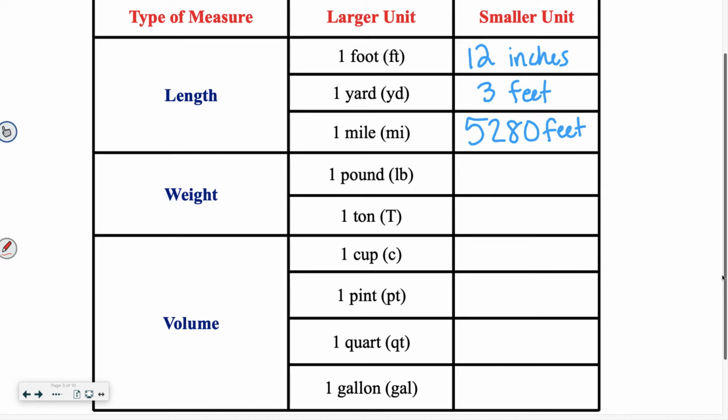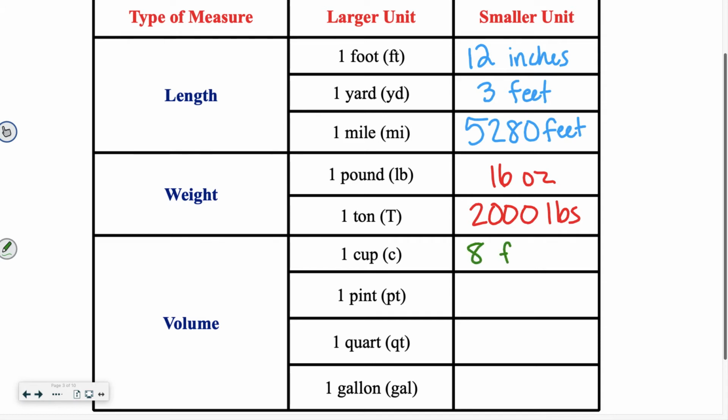Now let's talk about weight. 1 pound is the same as 16 ounces. 1 ton is the same as 2,000 pounds. Then for volume, 1 cup is 8 fluid ounces, and yes, we do differentiate between fluid and non-fluid ounces.